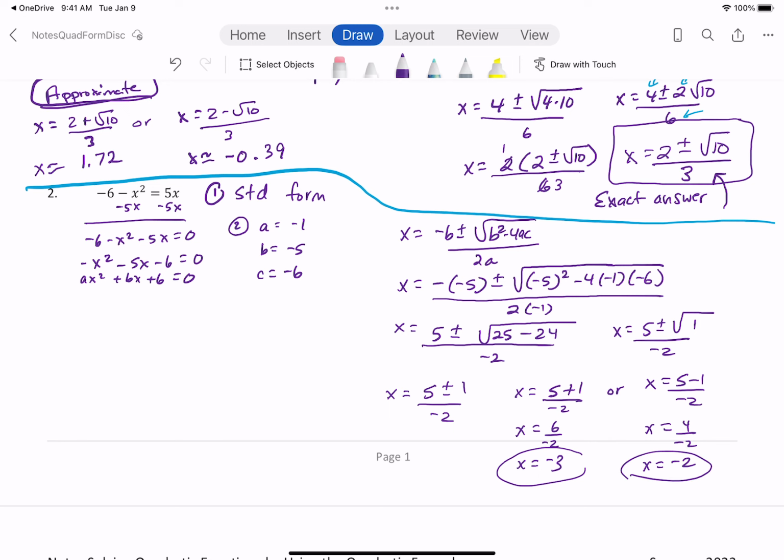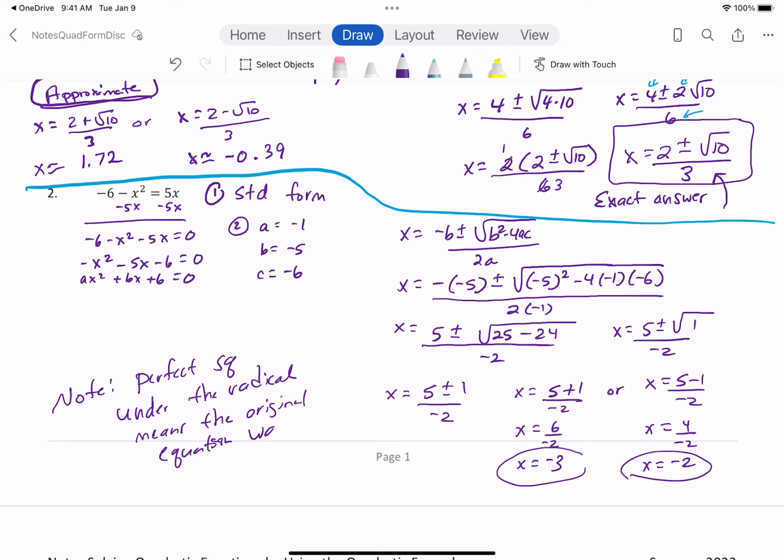Now, just a note about this. If there is a perfect square under the radical when you do this process, that means the original equation was factorable.